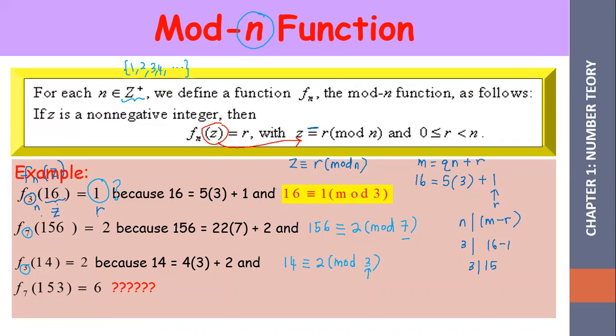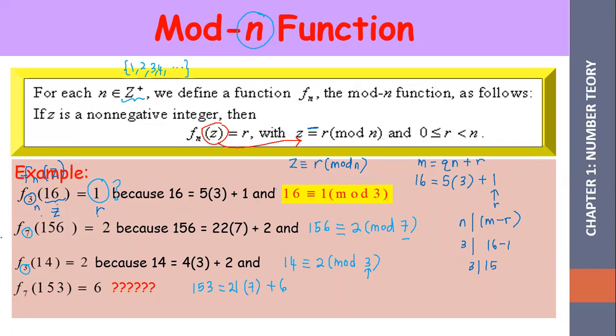And f_7(153) equals 6. How about this one? This is the same. 153 equals, here 7, 7 times what? You get 21 times 7, 147, plus 6, so you get 153. It is just common mathematics.